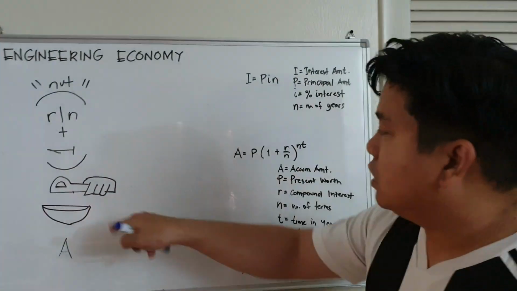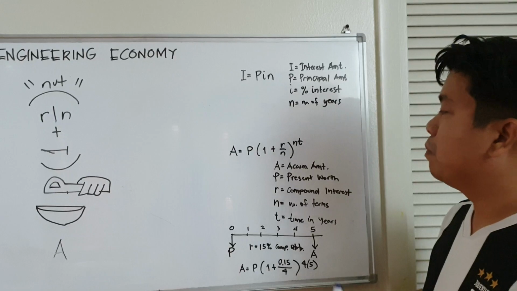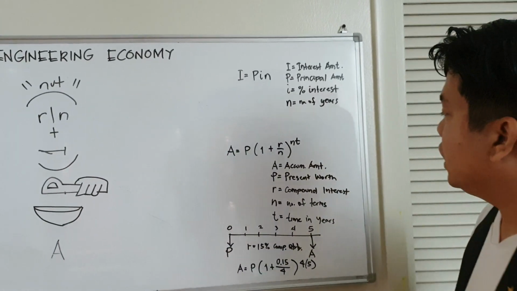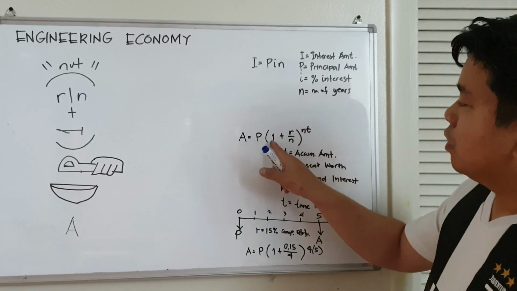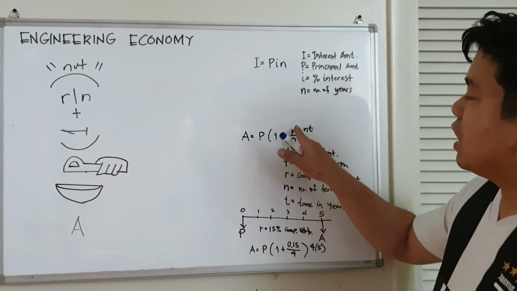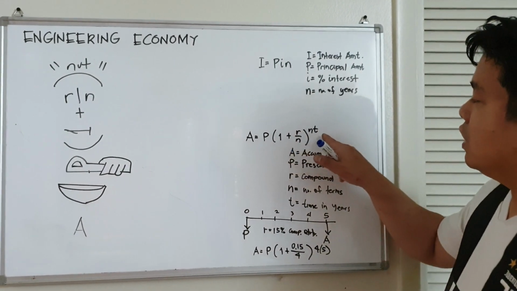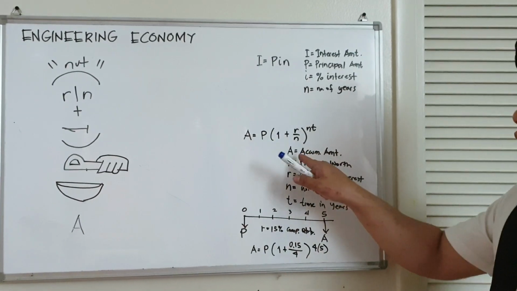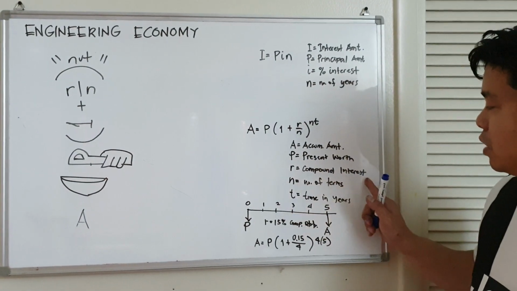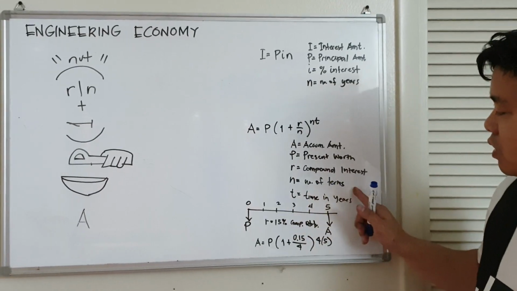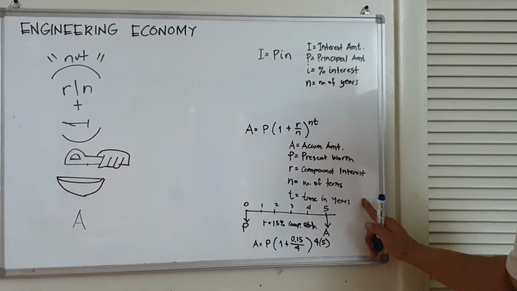So this depicts the compound interest formula, which is A equals P, open and close parenthesis, 1 plus R over N, raised to N times T, where A is the accumulated amount, P is the present worth, R is the compounded interest rate, N is the number of terms, and T is the time in years.